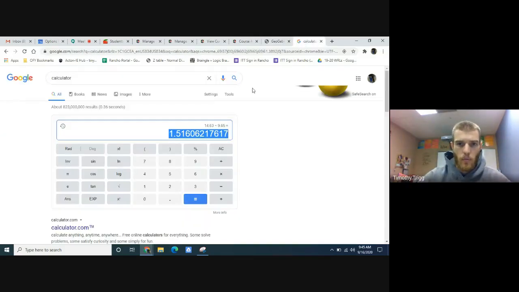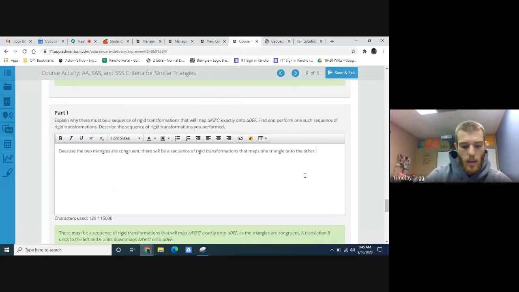So I'm not going to get too specific, but in my case, I would say to map one triangle onto the other, I would have to translate triangle A prime, B prime, C prime down and to the right.